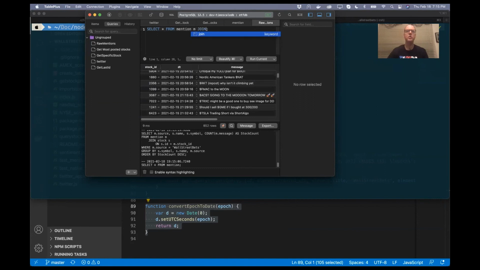We'll say join stock S on s.id is equal to M.stock_id. And then I want to add the symbol here, so we'll say s.symbol and run that.